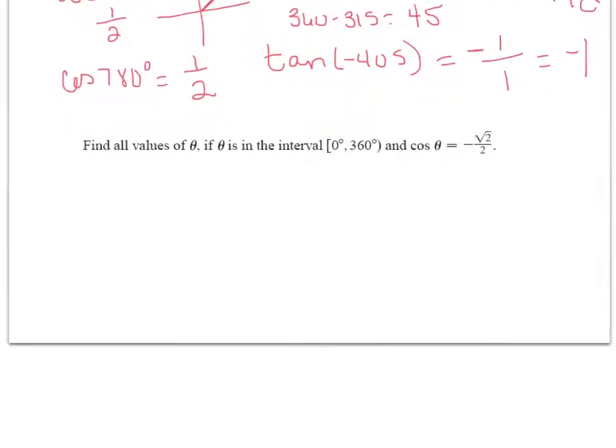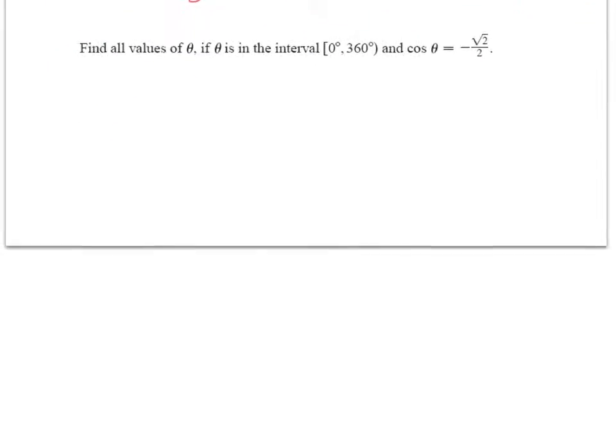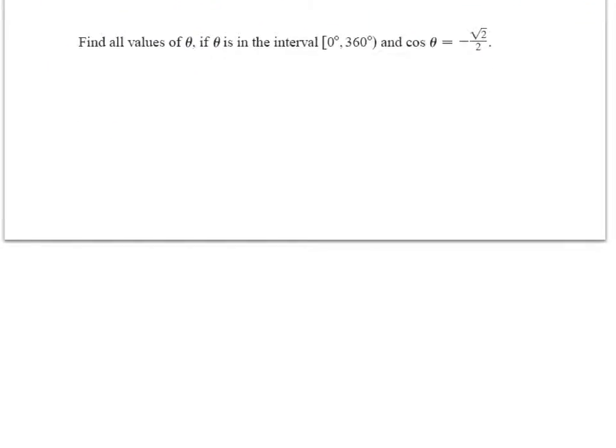Okay, the directions for the next one say to find all the values of theta if theta is in the interval 0 to 360 and cosine is negative square root of 2/2. So you have to stop and think a little bit. It says to find all the values.